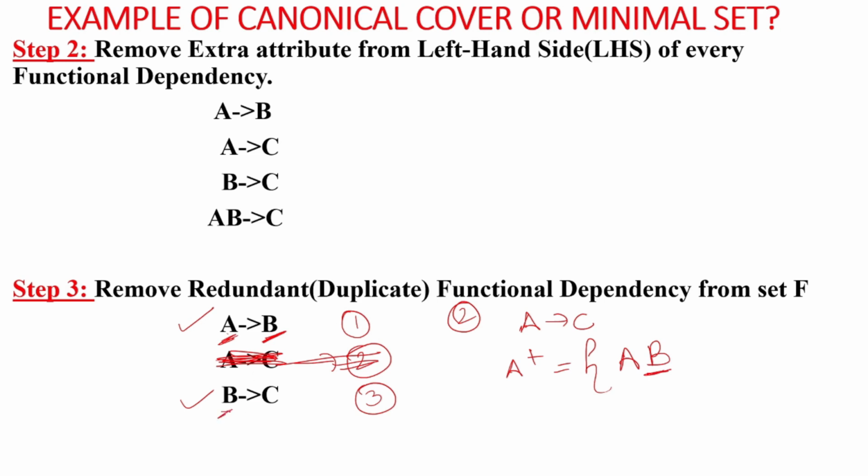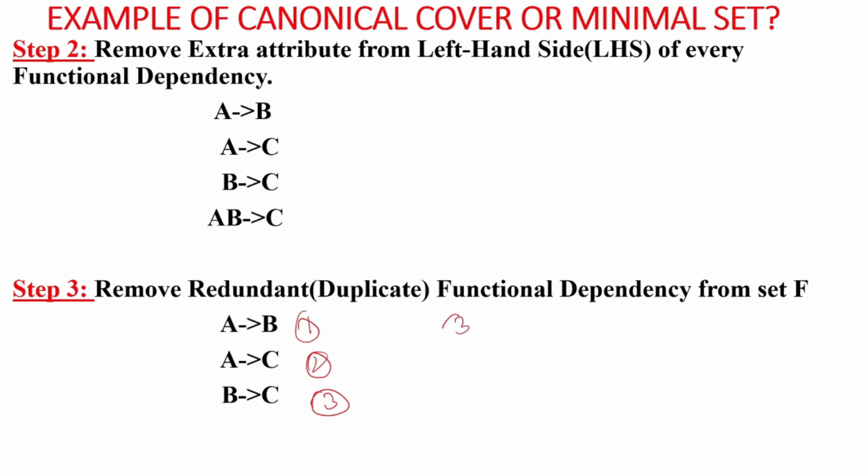Yes, B is determining C. So C also will come in A's closure. So even after not considering this second FD, when we find A's closure we are getting ABC. We are getting C anyway. A tends to C, the second FD we considered to find out whether it is a duplicate or not. It is a duplicate, because even without using it we get C in its closure. So we don't have to write A tends to C. We are anyway getting C from FD number 1 and 3 when you find A's closure.